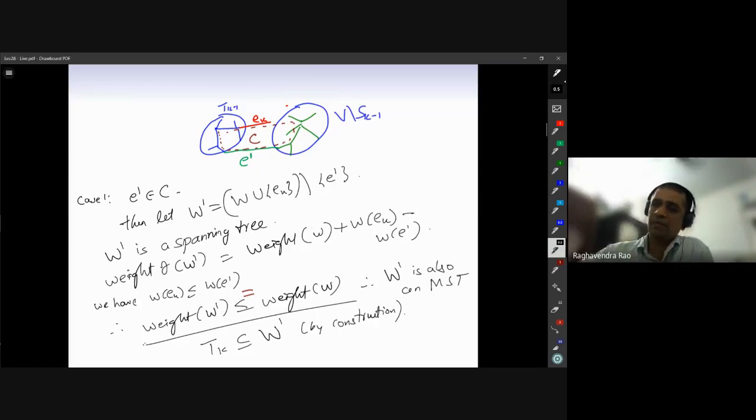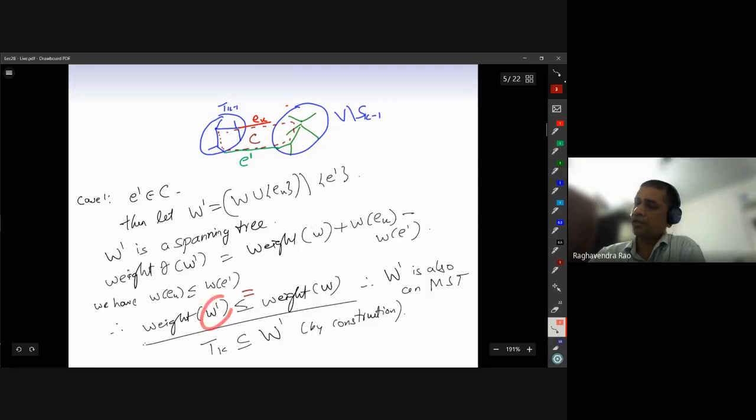For the case when E prime is in C, we get a spanning tree, and by the choice of Ek and E prime, its weight is smaller, but it cannot be smaller because W itself was an MST, so it is of equal weight. But the advantage is it also has Ek along with the Tk minus 1. That means W prime contains Tk. So this proves the induction statement.